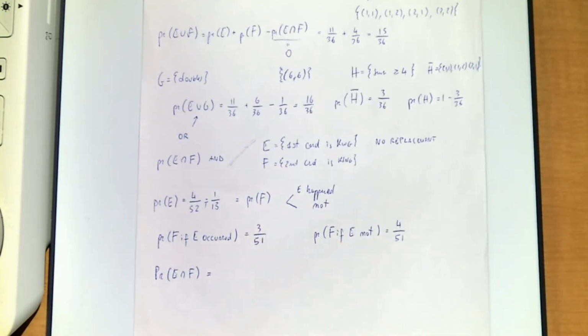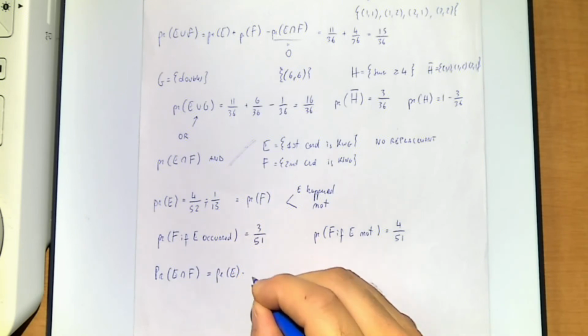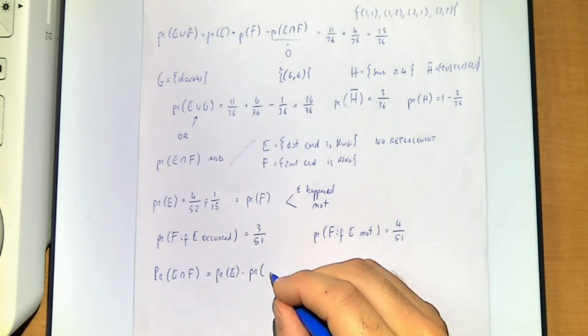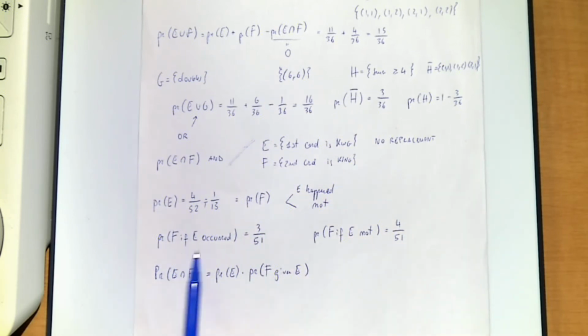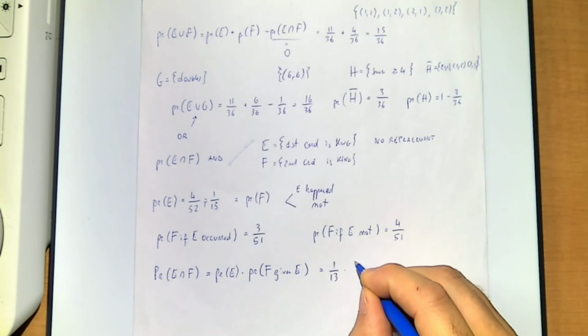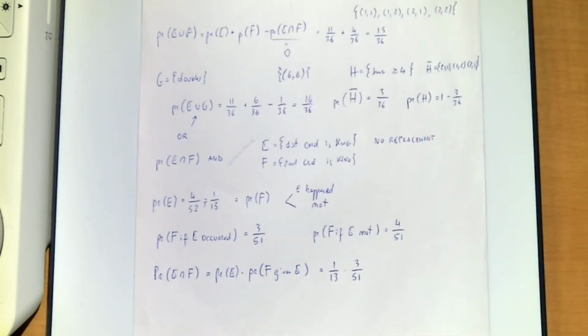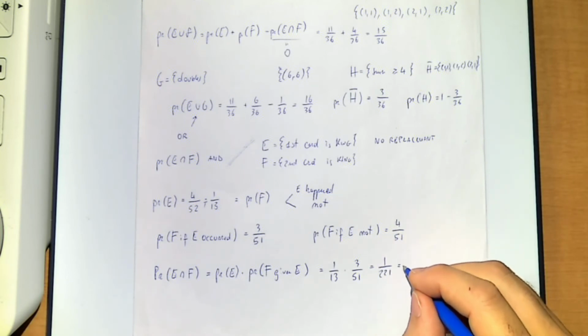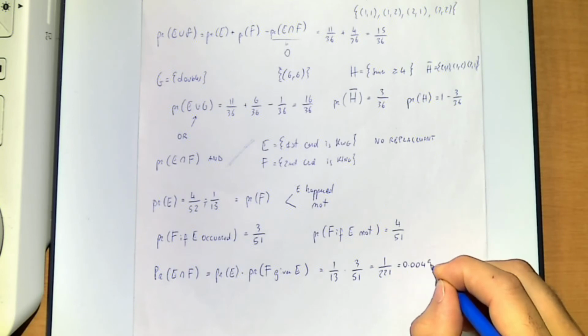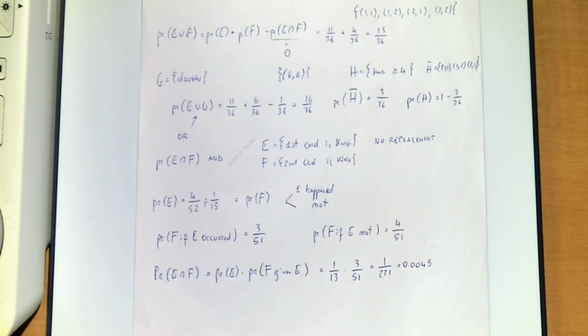In fact, this is not the probability of E times the probability of F, but it is the probability of E times the probability of F given E, by which we mean given that E occurred. Because if I want 2 kings, I have to assume the first one did happen. So in this case, I get 1 over 13 times 3 over 51, which is 1 over 221, or 0.0045. So that makes you realize how hard it actually is to draw 2 kings.